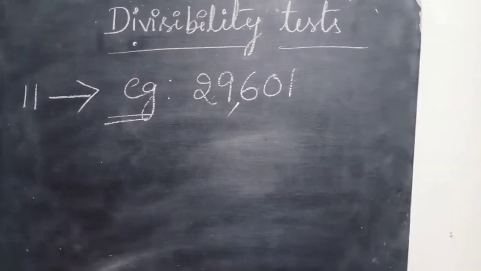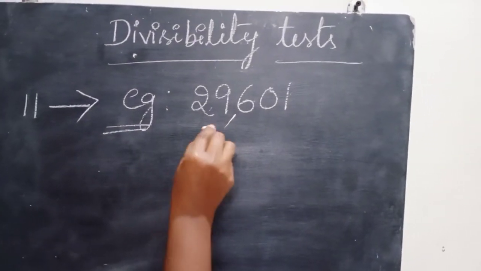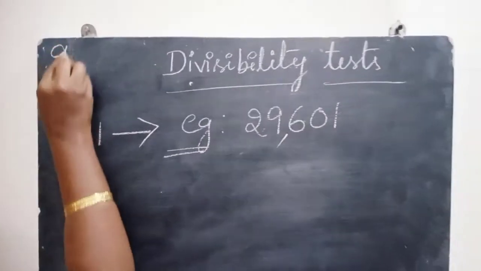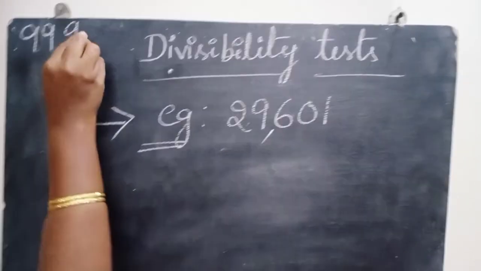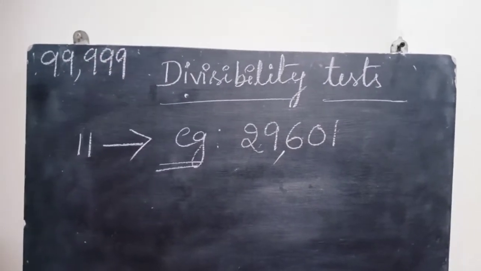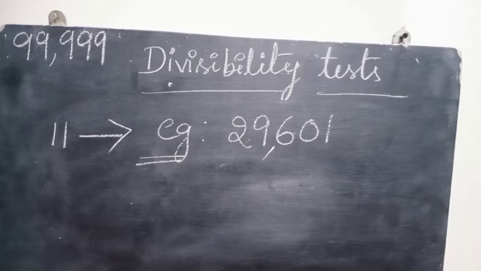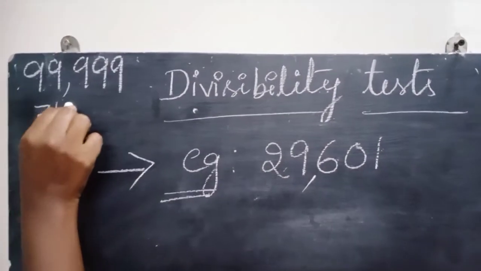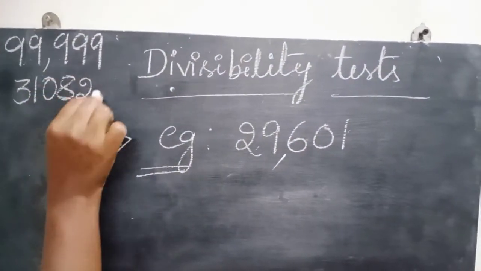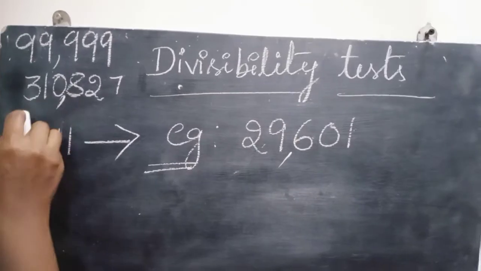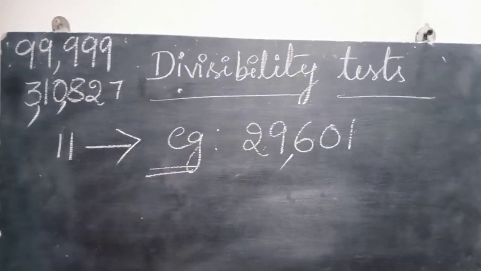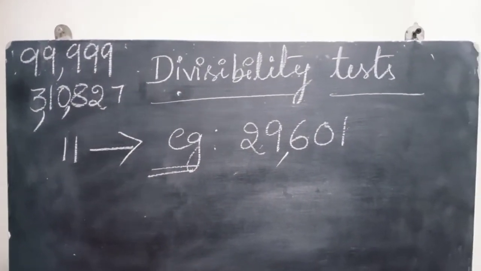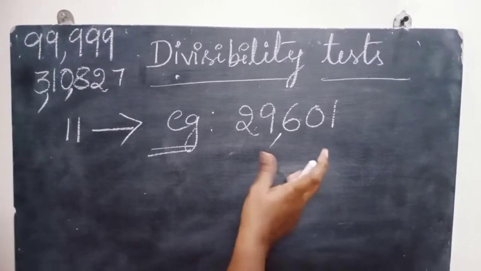The other one I will write, 99,999. Okay, one more example I will take, 3,10,827. Now, first one I will check.